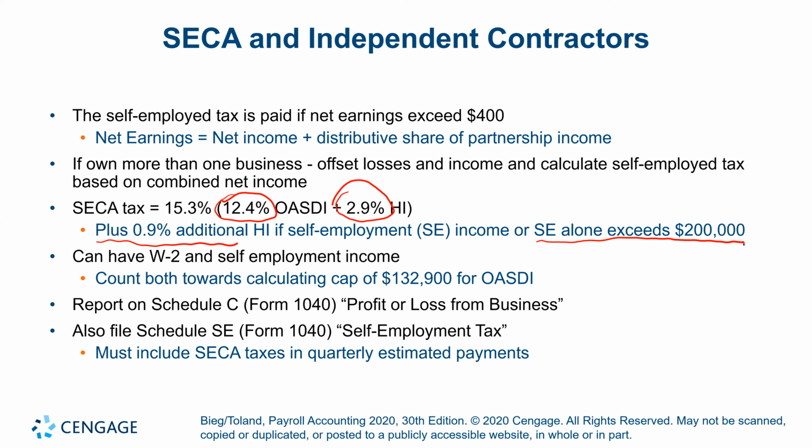But again, we'll get more practice with them in taxation. And just like we're going to see with a company having to make prepayments based on their look back period, so do self-employed individuals. Generally speaking, they have to make prepayments or quarterly payments based on what the estimated tax payments will be for that year.